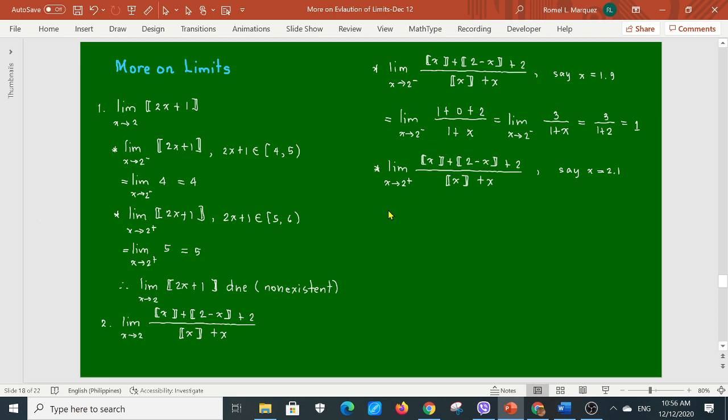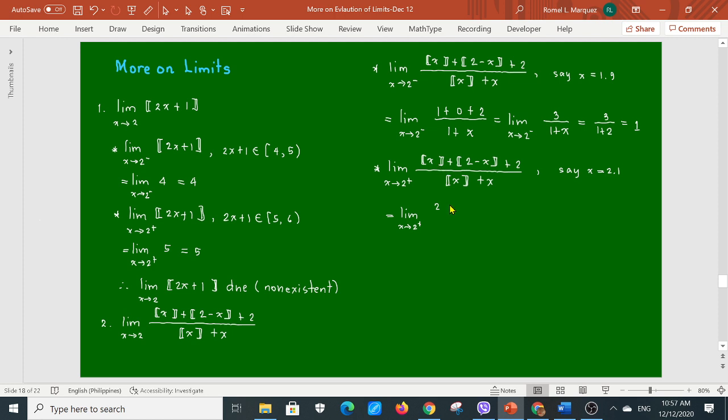The first term is simply 2, no? So 2 point something, 2.1 for instance, that is 2. When x is between 2 and less than 3, this is always 2.